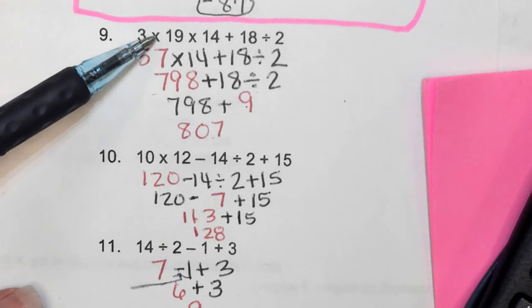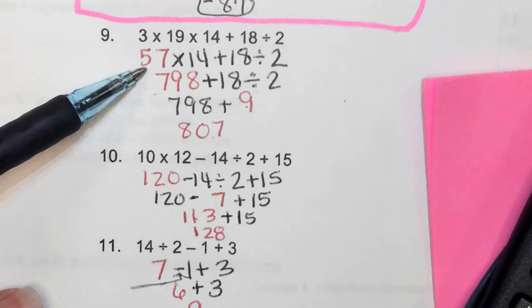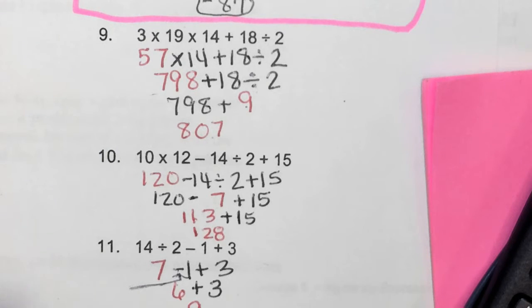You had to multiply that first and get 57. Okay, wait, let's see. You got to divide first, yeah. Yes.